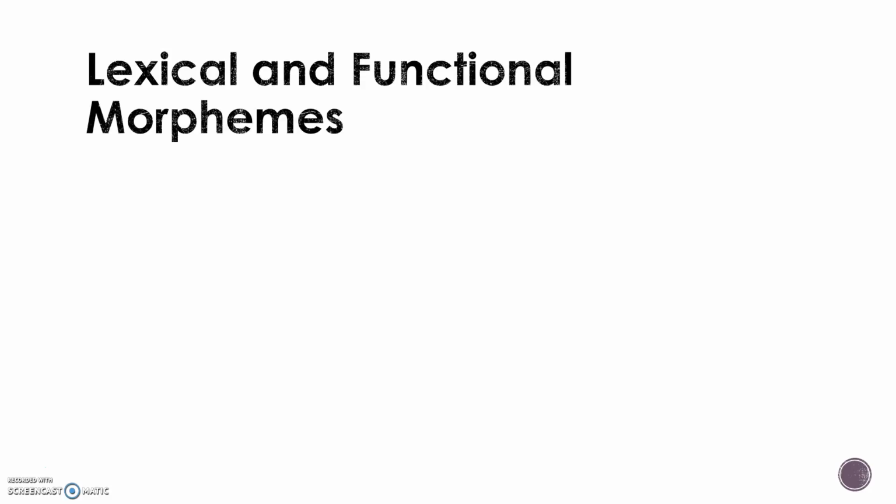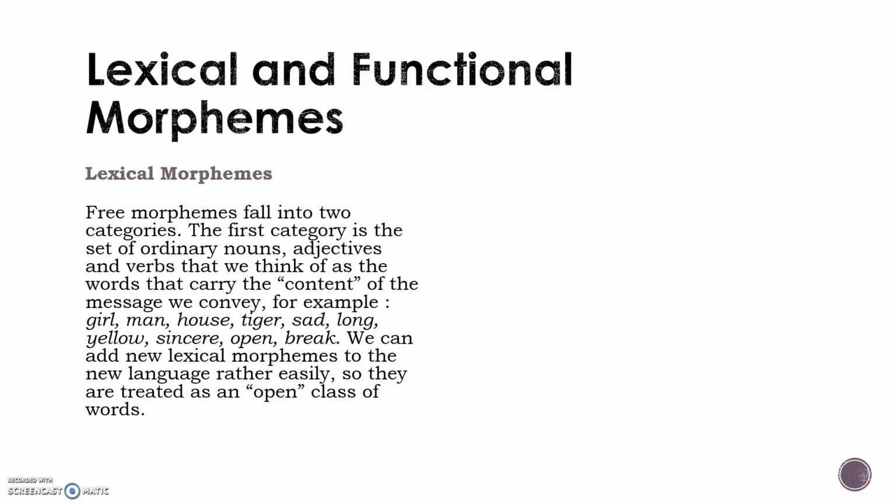Lexical and functional morphemes. Lexical morphemes. Free morphemes fall into two categories. The first category is the set of ordinary nouns, adjectives, and verbs that we think of as the words that carry the content of the message we convey. For example, girl, man, house, tiger, sad, long, yellow, sincere, open, brick. We can add new lexical morphemes to the language rather easily, so they are treated as an open class of words.